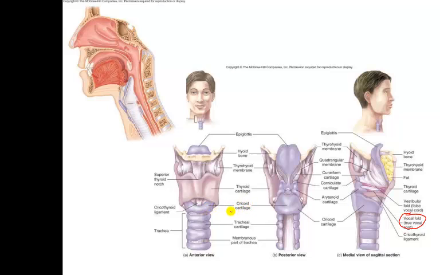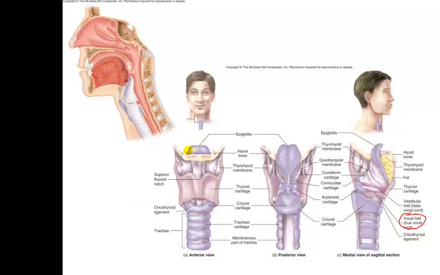And one of the few things that I really still carry with me from med school, as I remember, is that this notch between the thyroid and the cricoid cartilage is actually a useful place to know about, because if you need to create an artificial airway in somebody's throat, this is the place to do it.